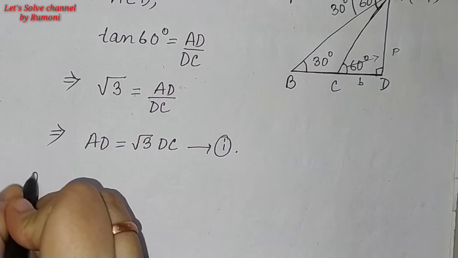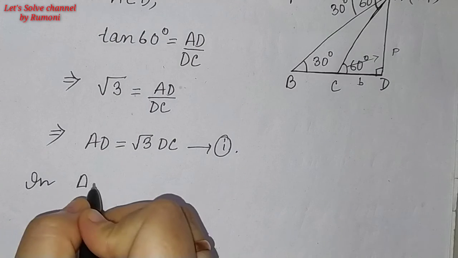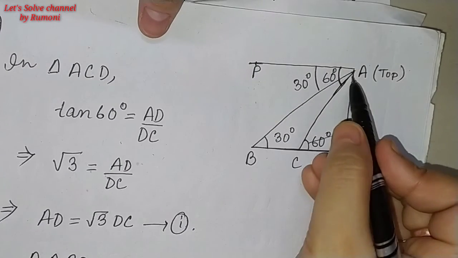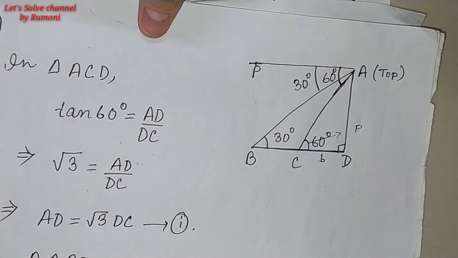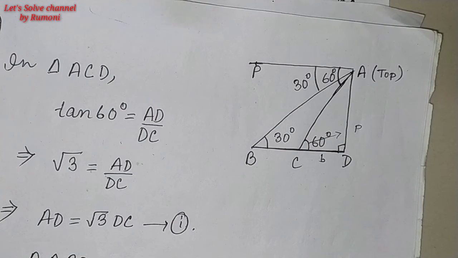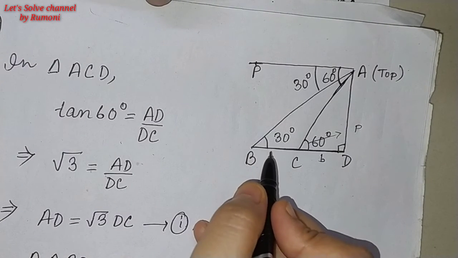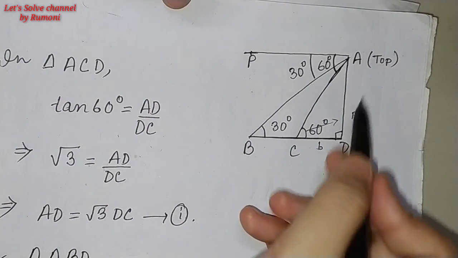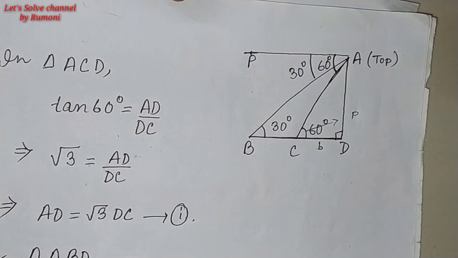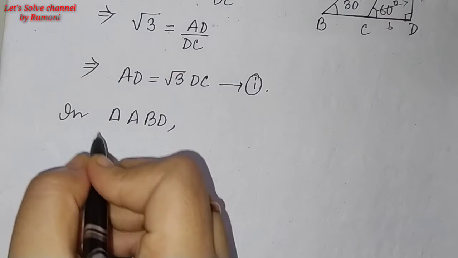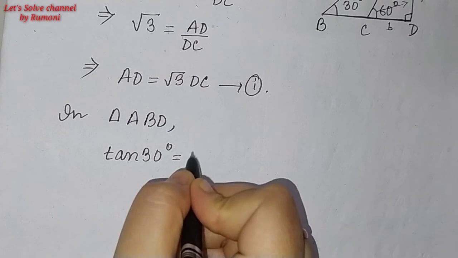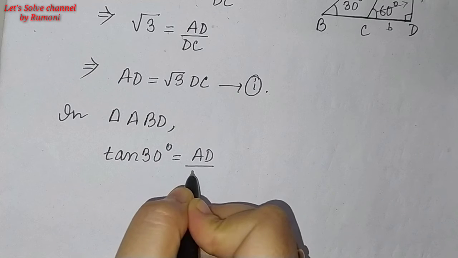After that students, you take triangle ABD. See, ABD. This is also a right angle triangle, and here you find out tan 30 degree. So what will be tan 30 degree? Perpendicular, which is AD divided by BD. So tan 30 is equal to AD divided by BD.